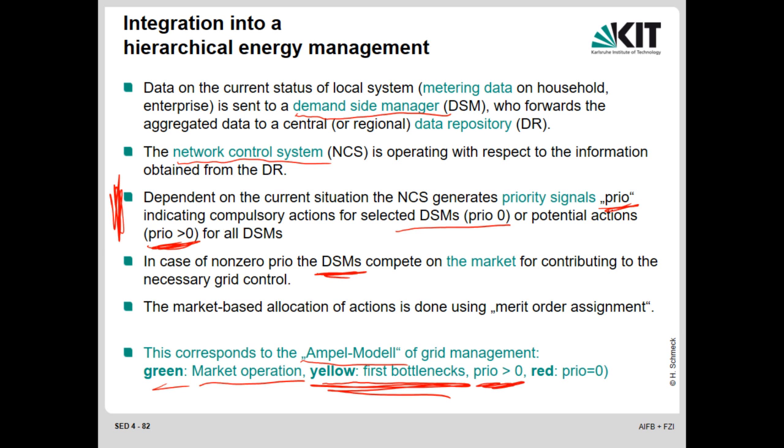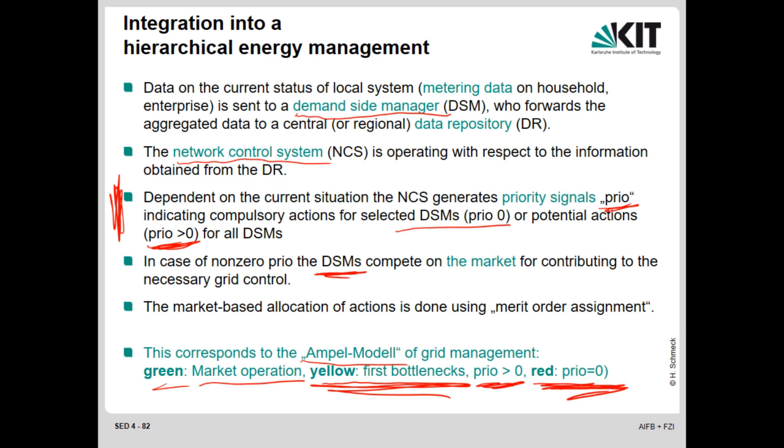You have some bottlenecks, and you put requests on the market, get them from the network control system, and the demand side managers can then put their bids there and get selected to provide certain flexibility. And in the red phase, you have severe bottlenecks, and there you need direct control from the grid operator into the houses.